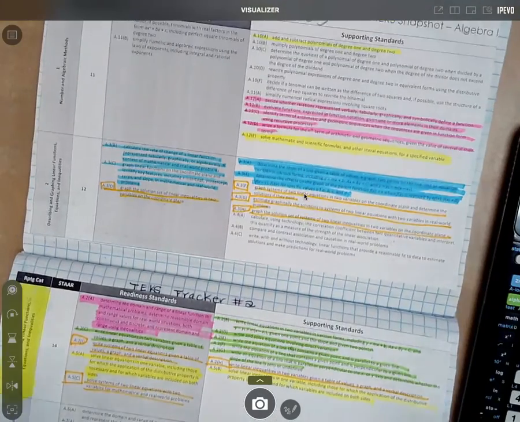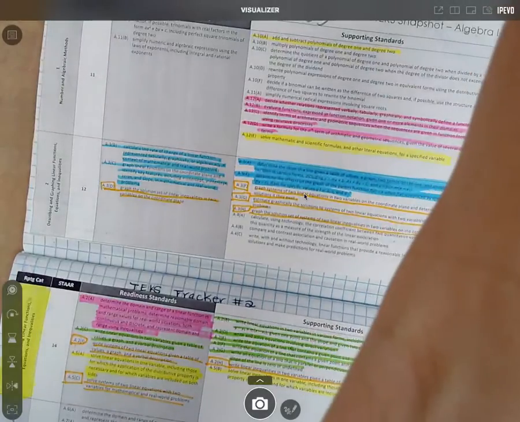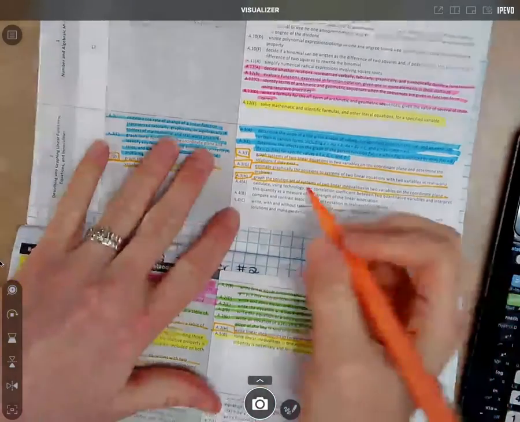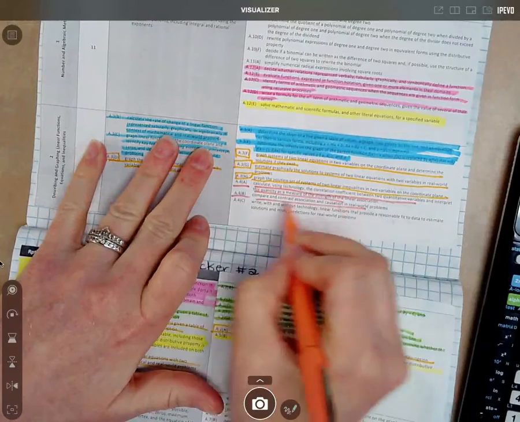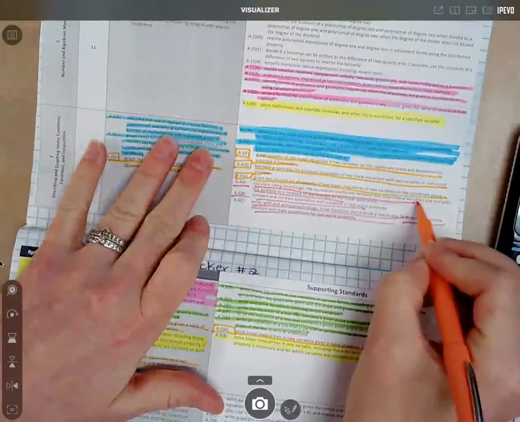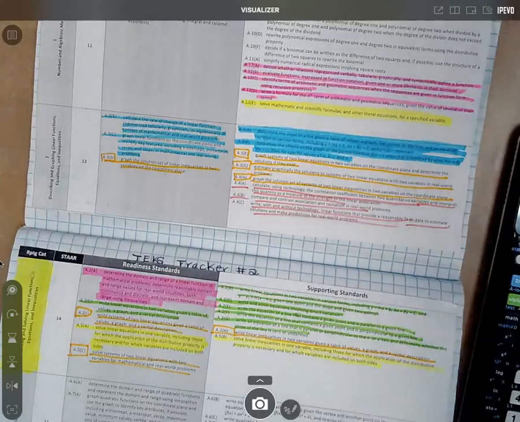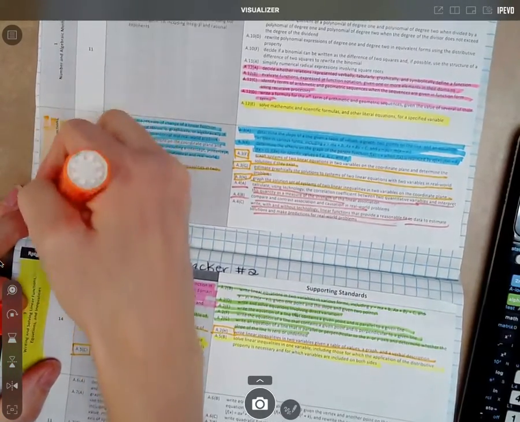Update our Teach Tracker. The skills that we did for the recent unit were all of these. So we have actually completed reporting category number 2, so you can highlight that.